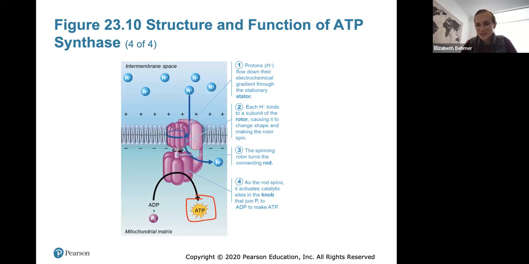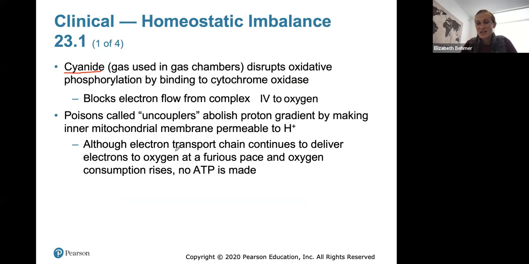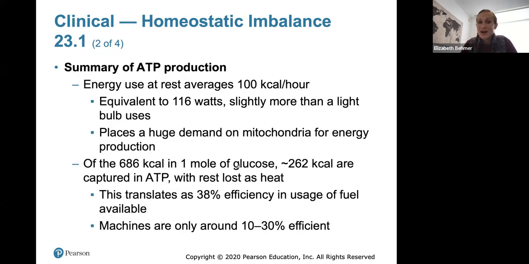So your cells will die if any part of the electron transport chain is disrupted. Cyanide and some other poisons will abolish the proton gradient, so no ATP will be made. A lot of toxins and poisons interrupt this process. And again, death occurs almost instantly because if your cells are not creating ATP, they will die off.